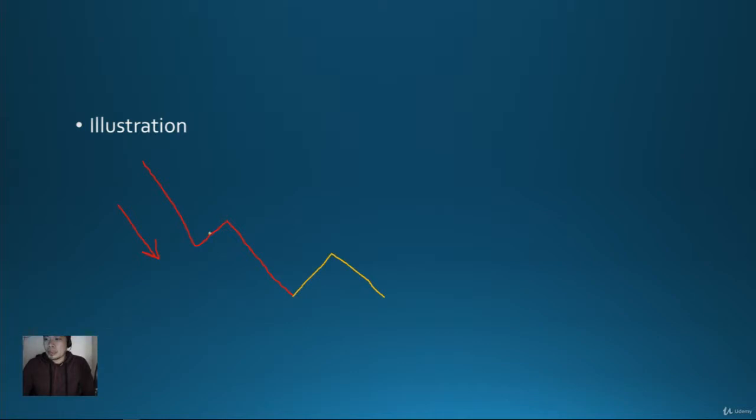This indicates a major downward movement, but after quite some time, we can see that the retracement is more, for example here, where the line is getting back to the origin.